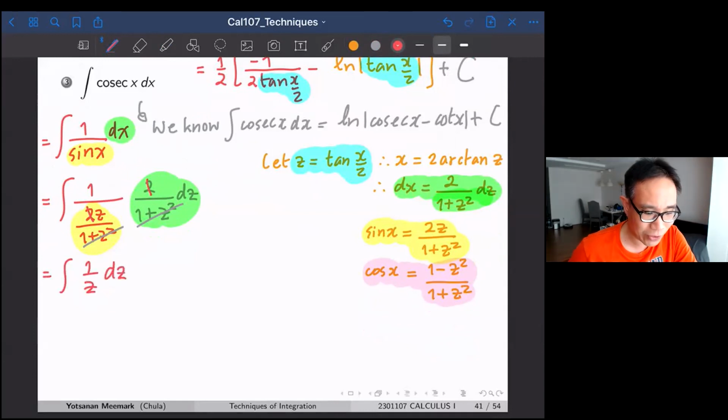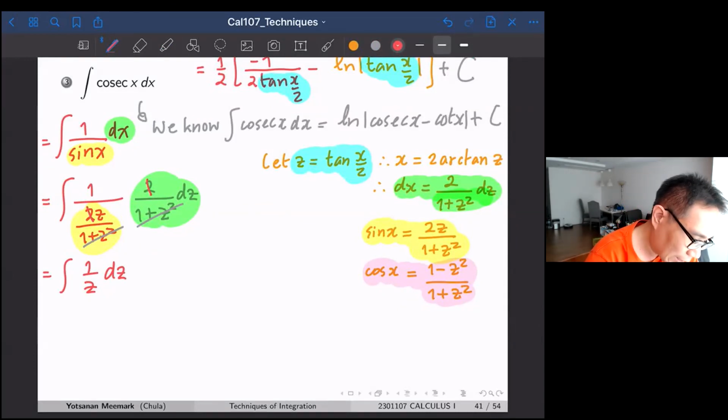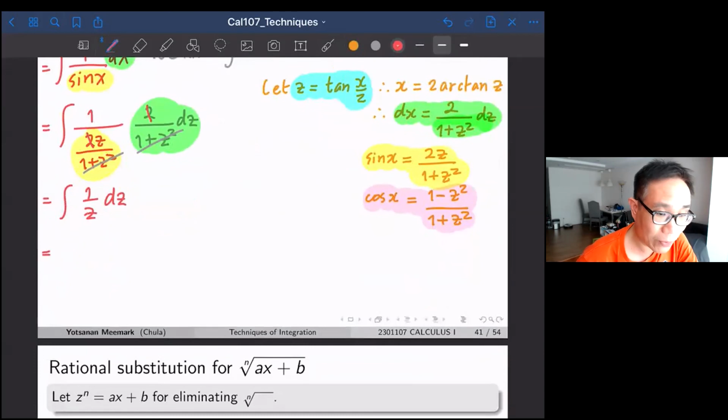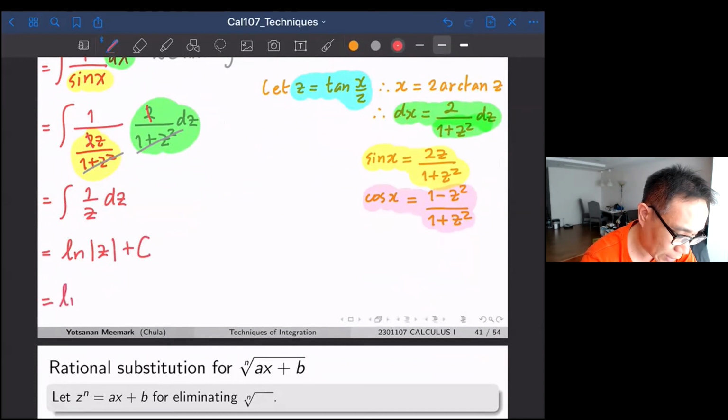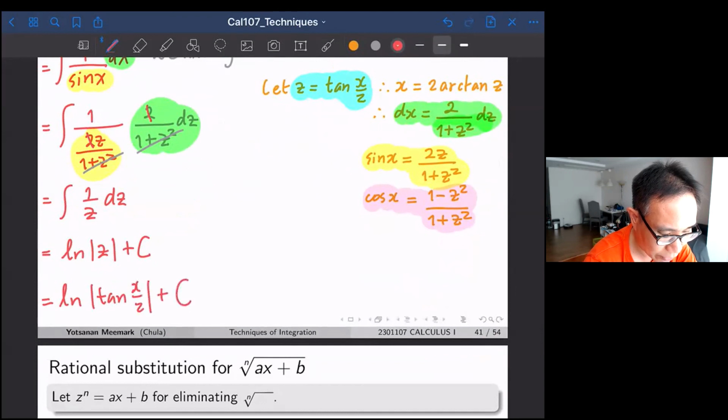So if you use this technique, it turns out to be a very simple integral, and it's going to be log absolute z plus c first. And you're going to plug everything back in, so it's going to be log absolute tan x over 2 plus c.